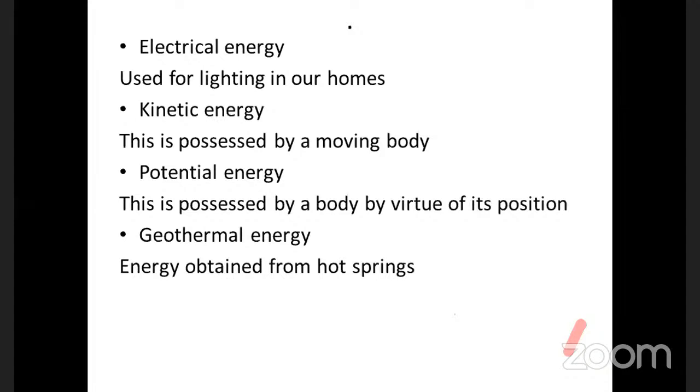We have very good geographers around here who are currently in this lesson. What are these hot springs, or where can we get them from?